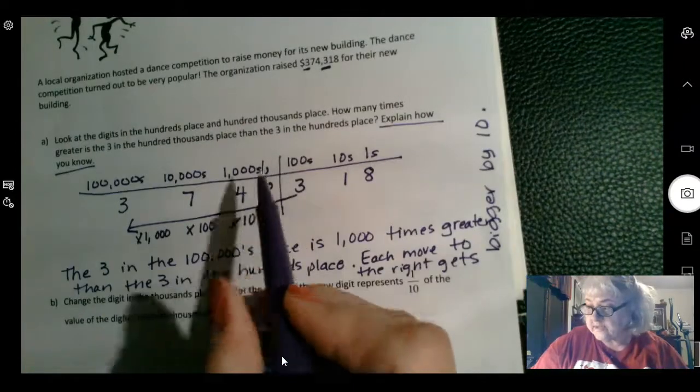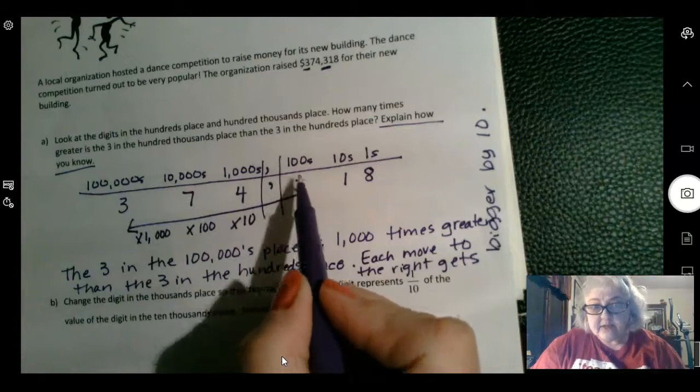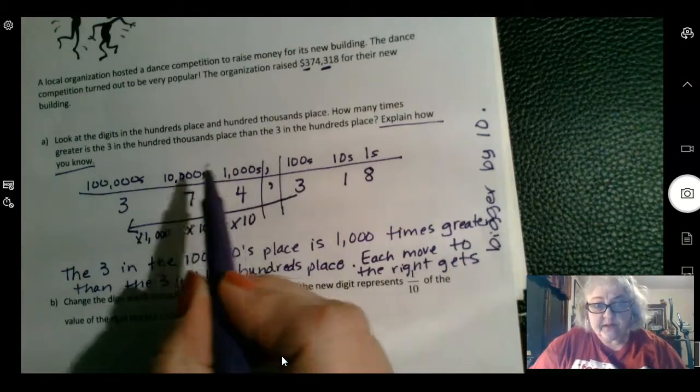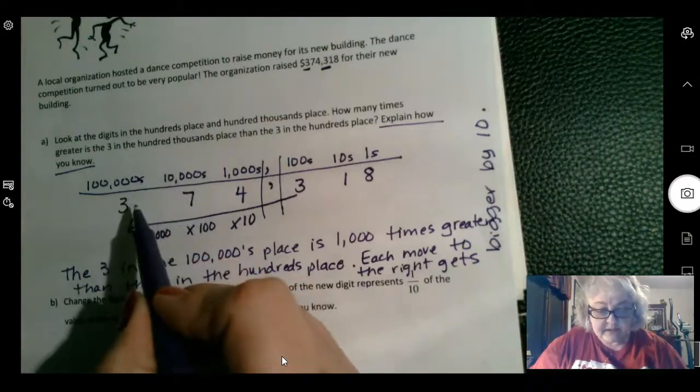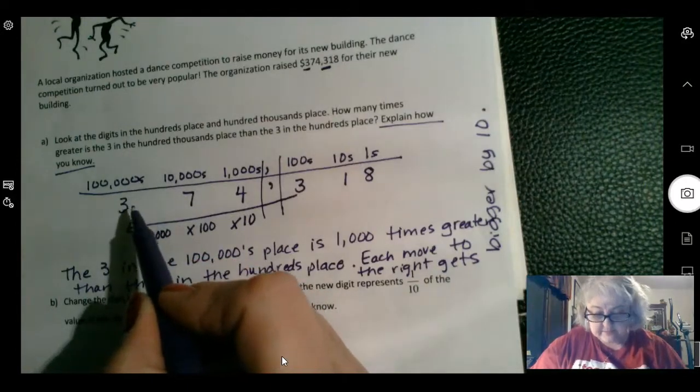And each jump to the left, you're getting bigger by 10. So this will be 10 times more. This will be 100 times more. This would be 1,000 times more.